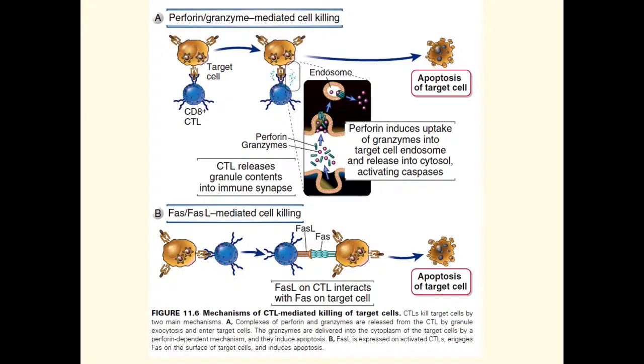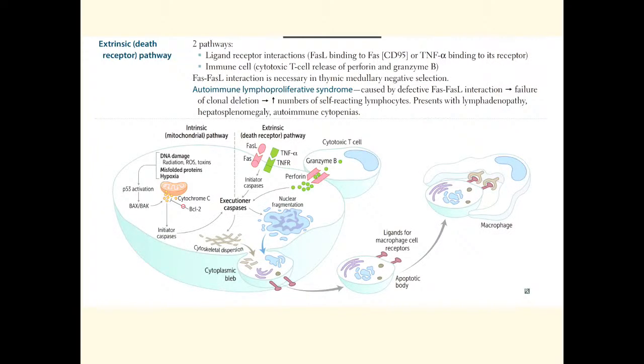So this will lead to an autoimmune disorder, also known as autoimmune lymphoproliferative syndrome, because this mechanism is kind of similar to negative selection in the medulla. So do you remember what negative selection is and why we need it? Any ideas?